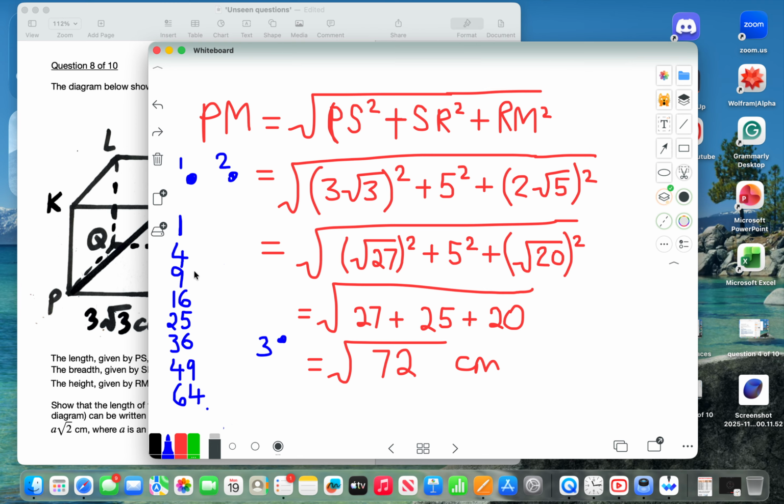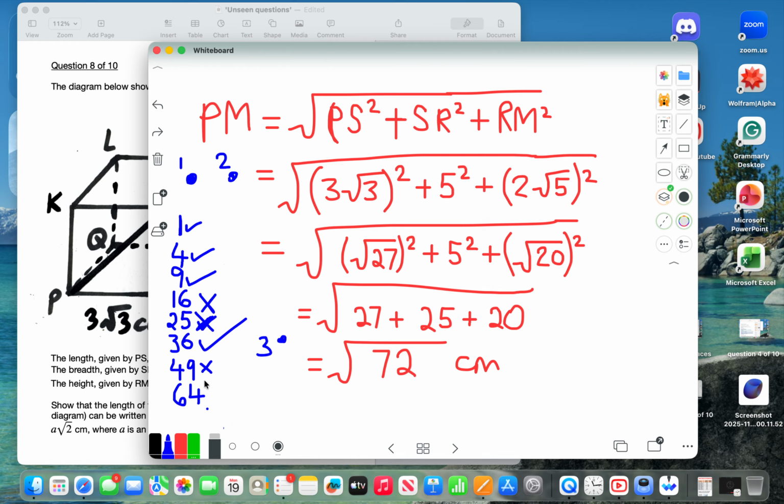Now let's find which of these are factors of 72. 1, yes. 4, well, 4 times 18, so yes. 9, yes. 16, no. 25, nope, sorry. 36, yes.